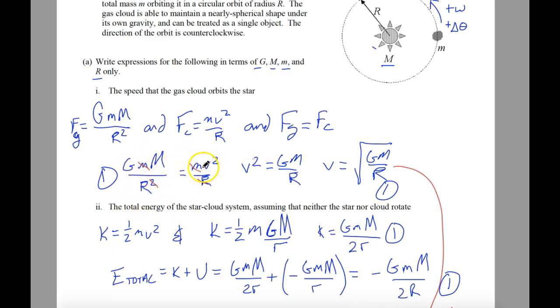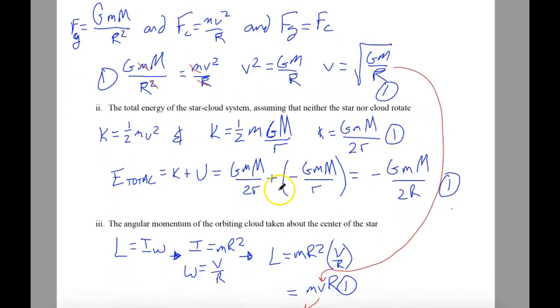Notice the little m's cancel, so we're not really worried about the mass of the little thing. We get v squared is equal to G big M over r, and so you solve for velocity. You get 2 points, one for setting these two things equal to each other, and 1 point for the final equation for velocity.